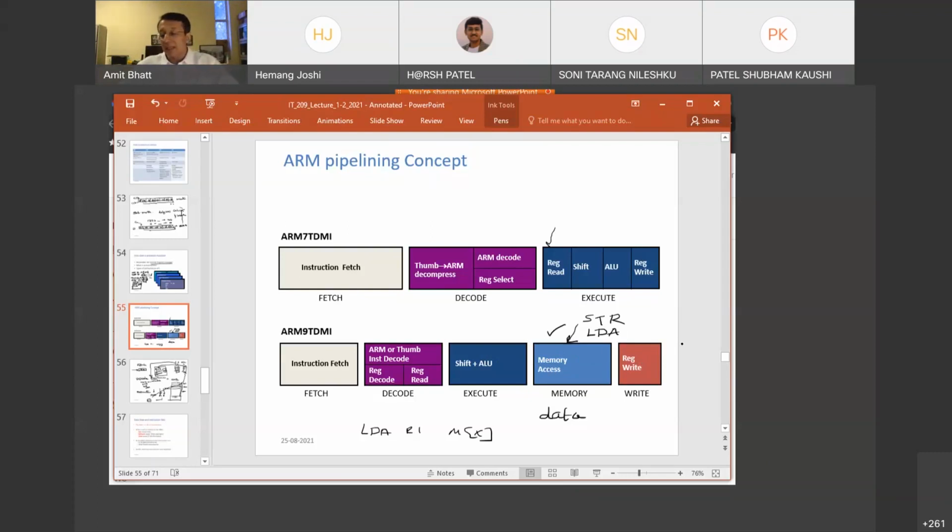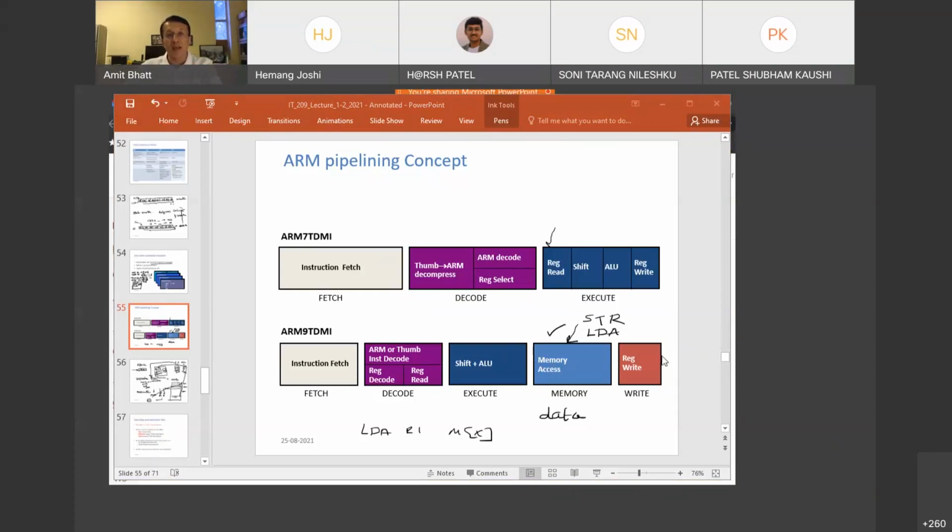Now, this is again an important concept for you, that all instructions don't do work in all stages. There are some instructions which don't do any work in a given stage. So for example, all instructions except load and store will just get in and get out.